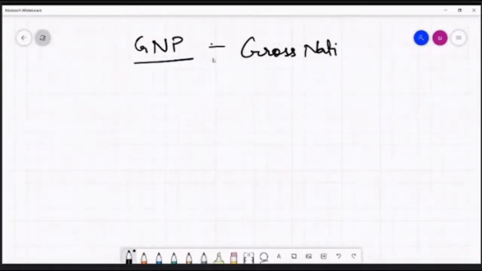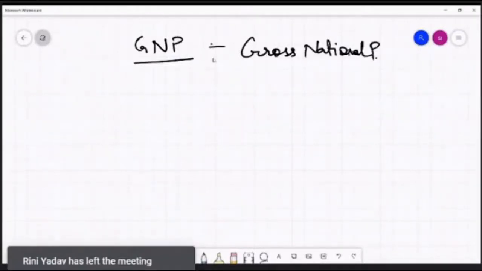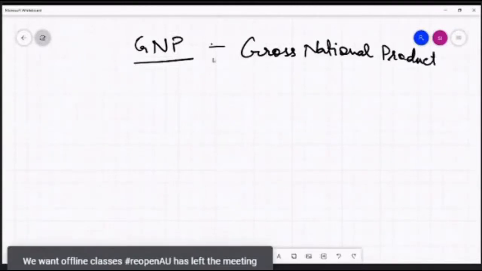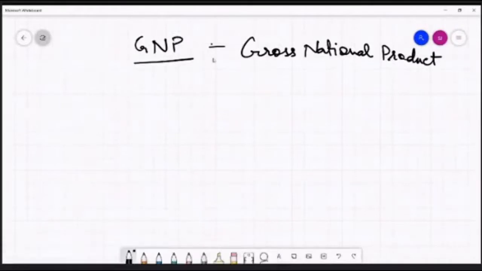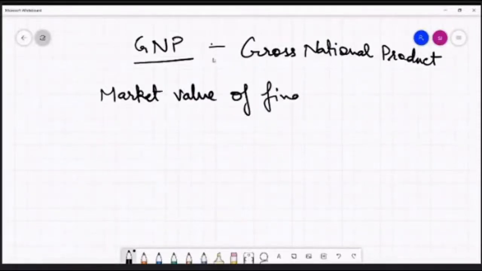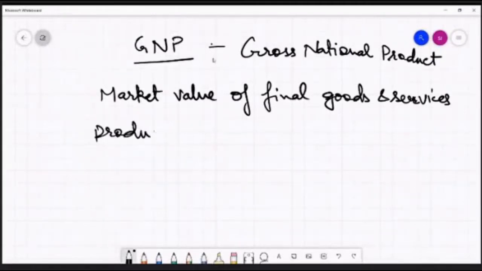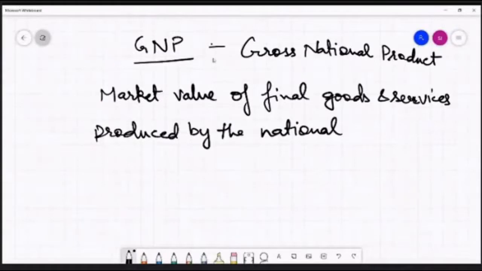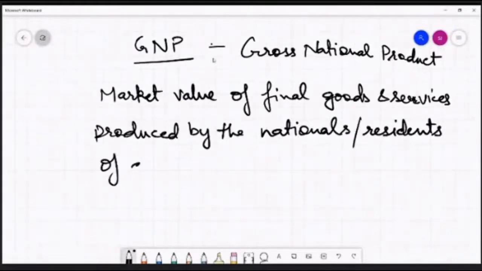Gross national product means the market value of final goods and services produced by the nationals, the residents of a nation, in a given year.